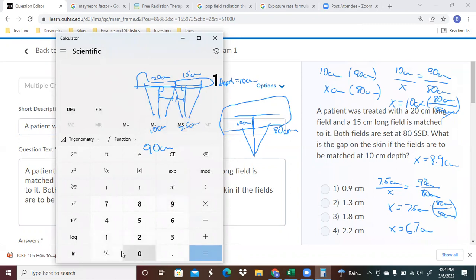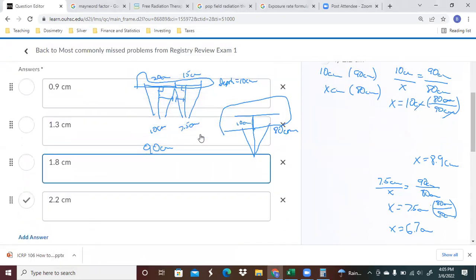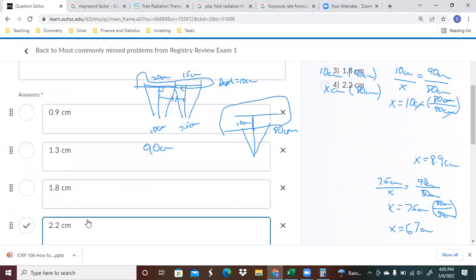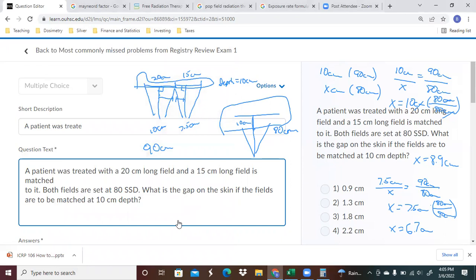So if I take 10 and add 7.5, that would be the length of everything put together at 90 cm. If I subtract 8.9 and subtract 6.7, I come up with a gap here of about 1.9. Okay, that does not look right.